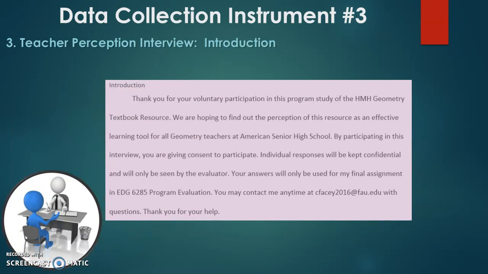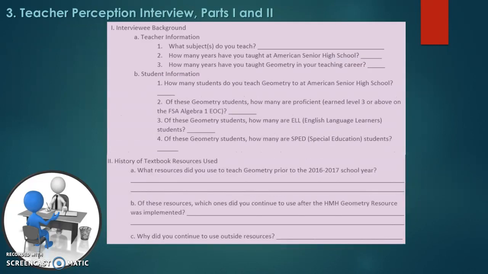The third data collection instrument is the teacher perception interview. An introduction was provided, including a 7-part interview questionnaire. Part 1 includes information about the interviewee's background, and Part 2 is the history of the textbook resources used, either before HMH or after.